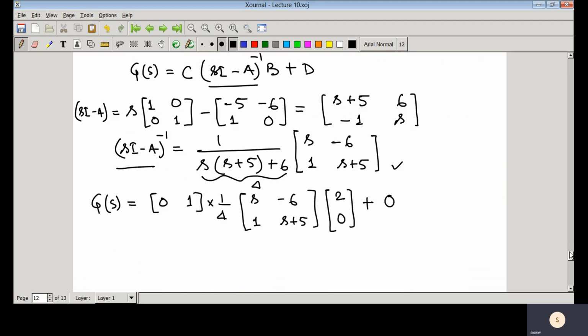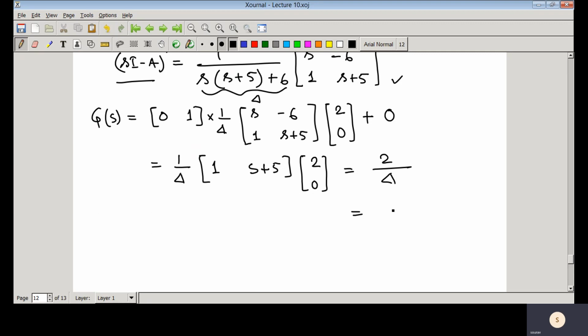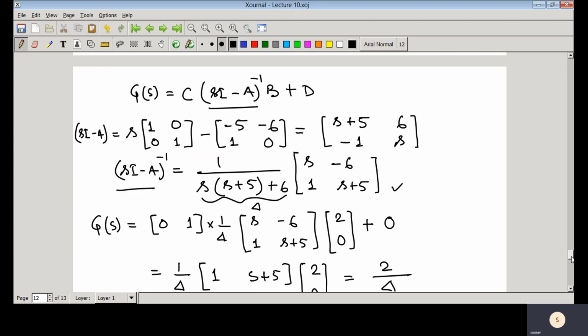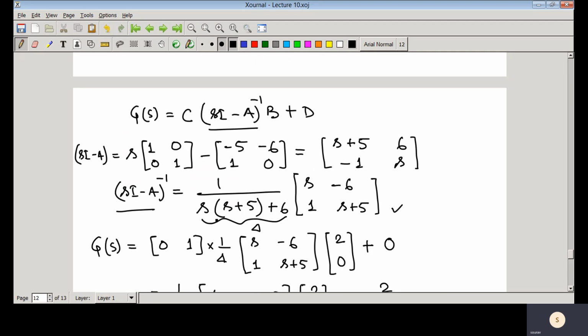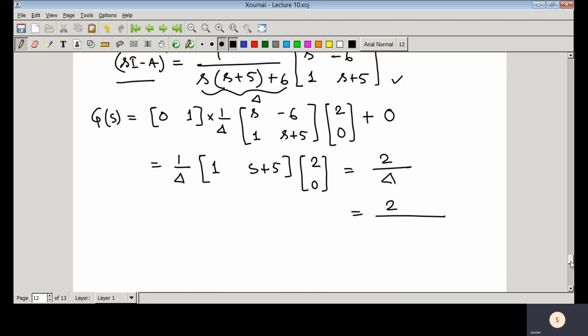So now if you simplify this matrix multiplication, I am taking 1 by delta to the left, and if you multiply this matrix, it would be equal to 1, and here you would have s plus 5, just simple matrix multiplication, and here you have 2 by delta. And what is delta? Delta we get s square plus 5s plus 6.